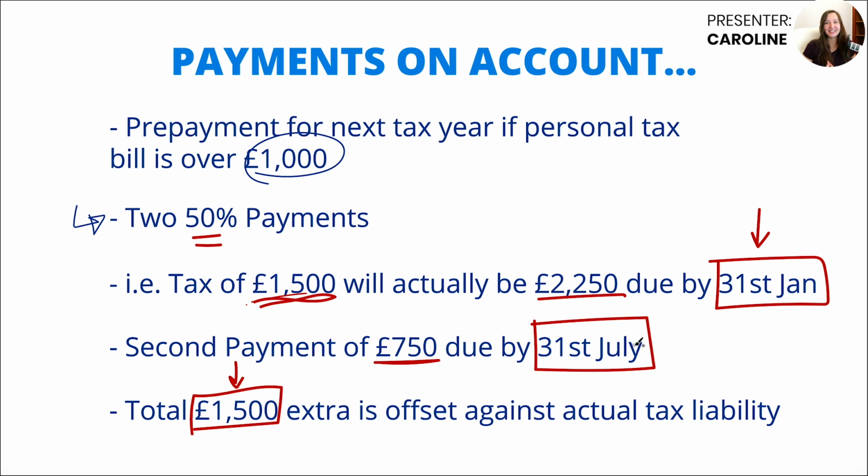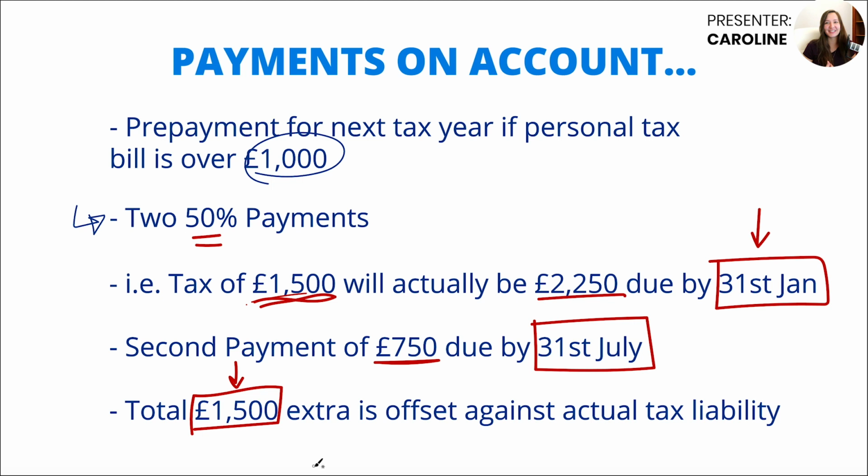So they do break them up into two payments, but if your tax bill was exactly the same as the previous year, then you just have a payment on account of £750 due by the 31st of January, and a second payment of £750 due by the 31st of July. And these would be prepayments for the following year again, because you've already paid the current year's tax liability.